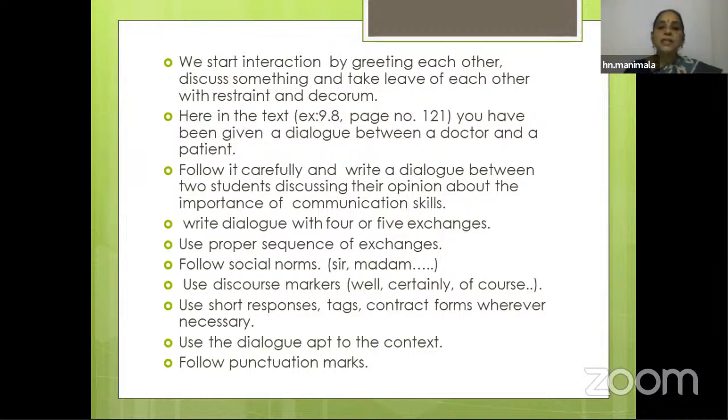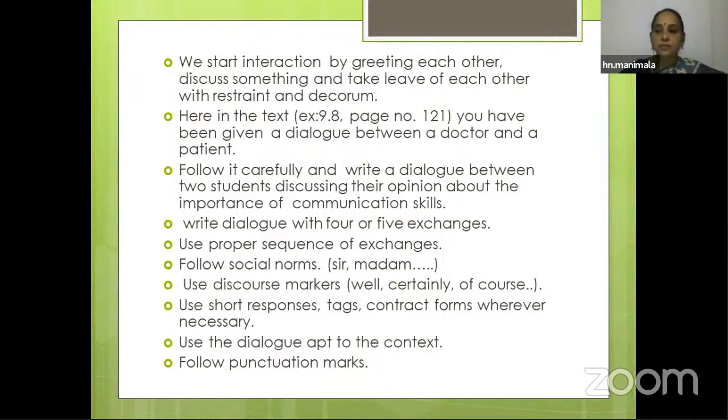Okay, here in the textbook, 9.8, page number 121, you have been given a dialogue between a doctor and a patient. He went to the doctor and greeted him, sir. Then the doctor asked, what's your problem? He said he has some problem with his health because he had eaten pani puri. Then the doctor asked, where have you eaten? At roadsides. Then he said that is not good for health, don't eat like this. Okay, sir.